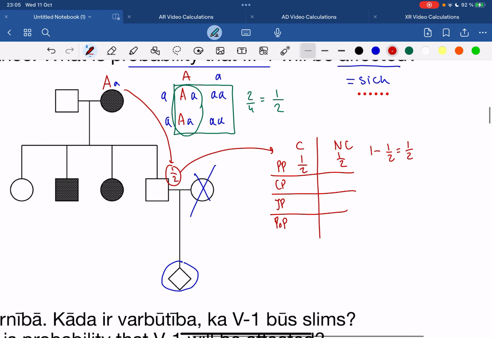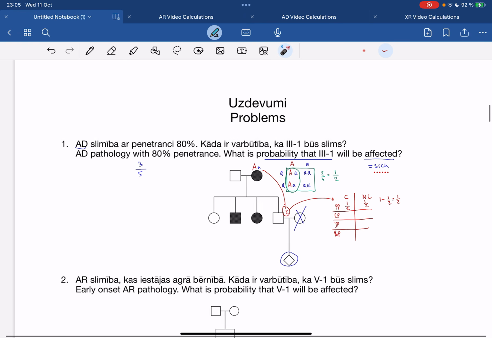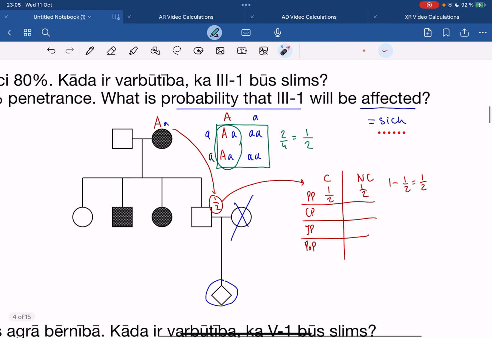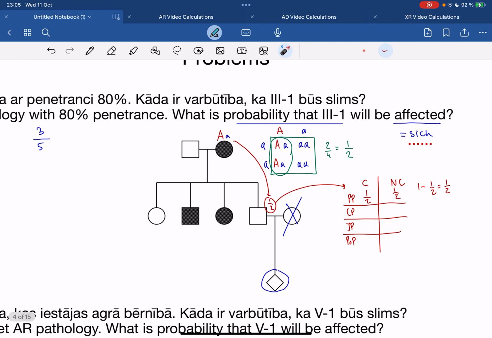Conditional probability is always the risk for him to have this unhealthy allele and also being healthy. So if 80% of the people who are carrying this allele are unhealthy, that means that 20% of the people are healthy.